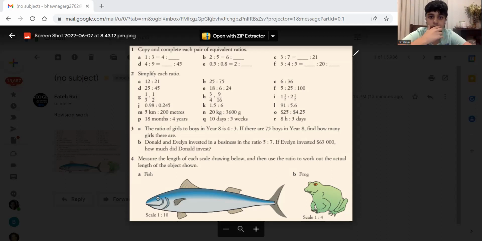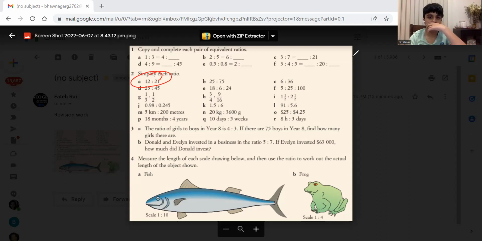12/21 is simplified to 6/9, then that's simplified to 2/3, right? No, it's not 2/3.